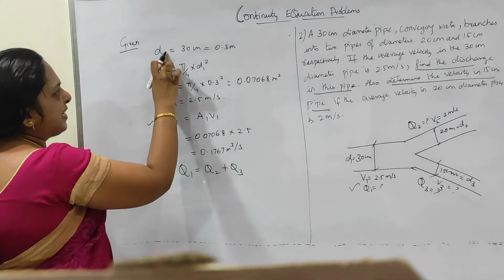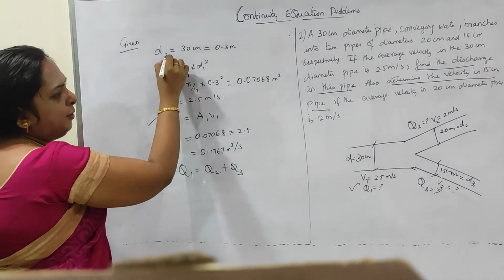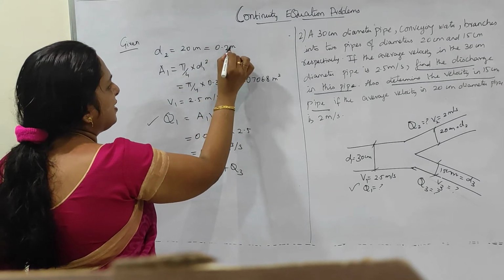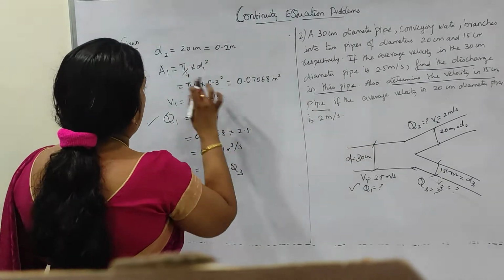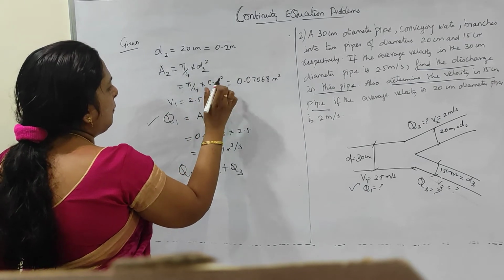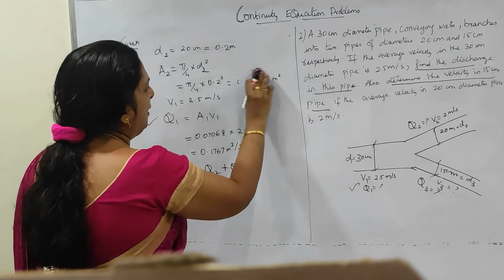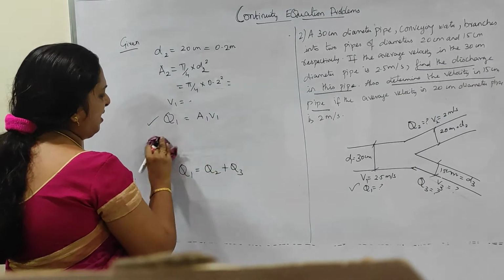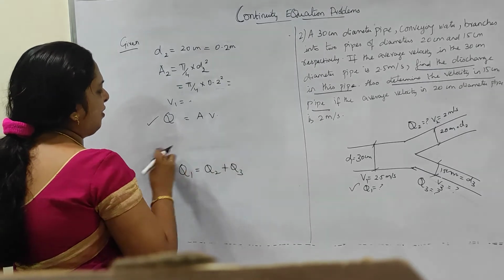Similarly for the second case, D2 is 20 centimeters, which is 0.2 meters. That is what we have been given in the problem. So A2 is pi by 4 of D2 square, so pi by 4 of 0.2 square. We can substitute in this equation. What is my Q2 equation?